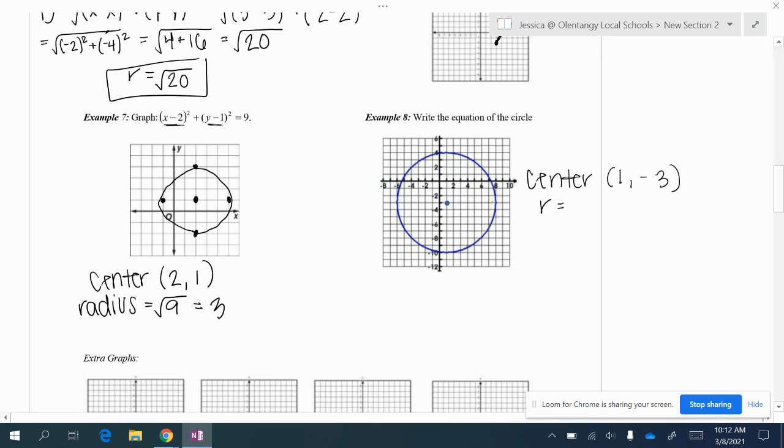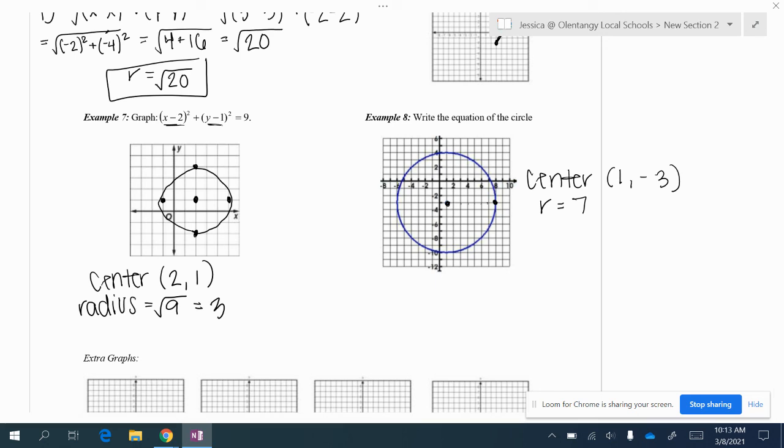Start at the center and count to one side of your circle. So 1, 2, 3, 4, 5, 6, 7. So our radius is 7. I started at my center and counted to the right. Again, you can count straight up, over to the left, or straight down, as long as you're counting vertically or horizontally on a straight line.